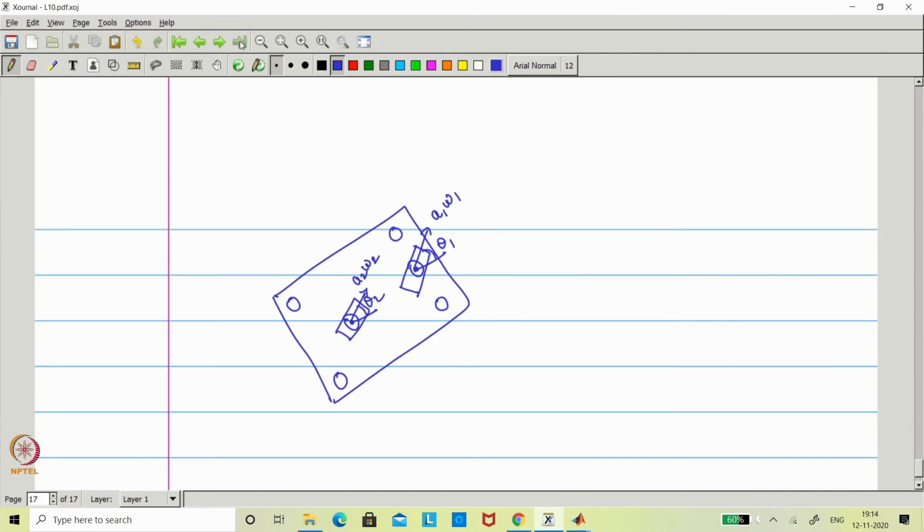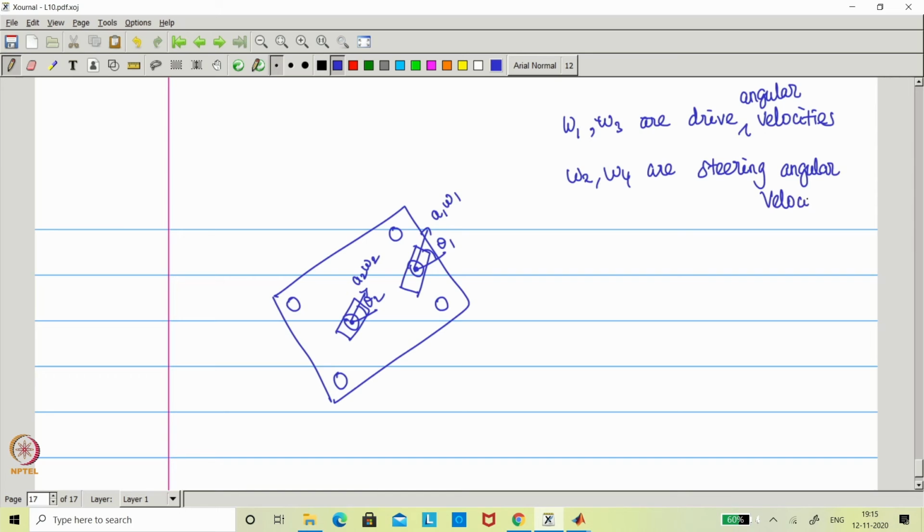I will come back to that slide, where omega 1 and omega 3 are the drive angular velocities, I call them drive velocities. That is by heart, but still for understanding. And omega 2 and omega 4 are the steering angular velocities.